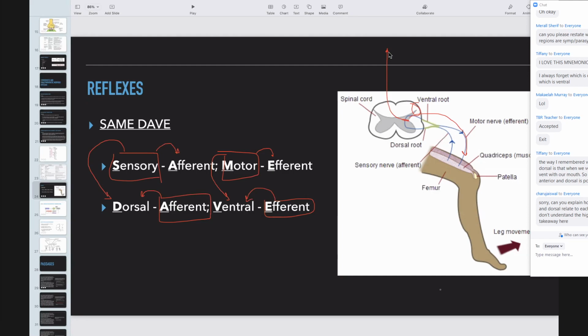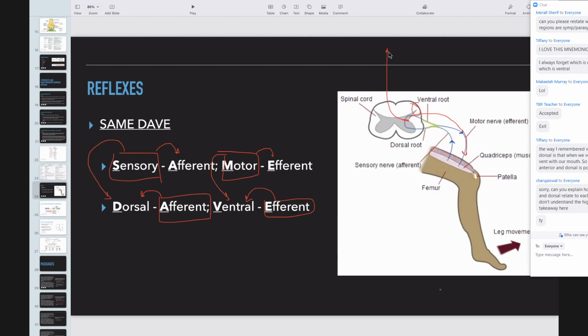There may be a neuron in between the two called an interneuron. It really just depends on what specific reflex arc we're looking at. But all reflex arcs will deal with the same Dave. All the sensory guys are afferent, all the motors are efferent. And then the dorsal root takes in afferent nerves, the ventral root sends out efferent nerves. So that makes sense. Alrighty. Almost done.